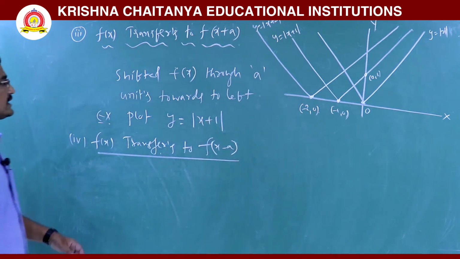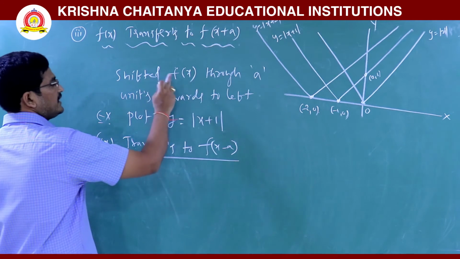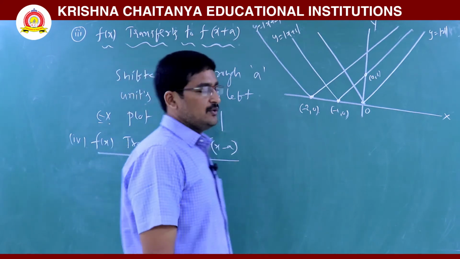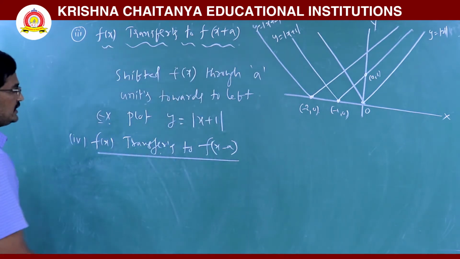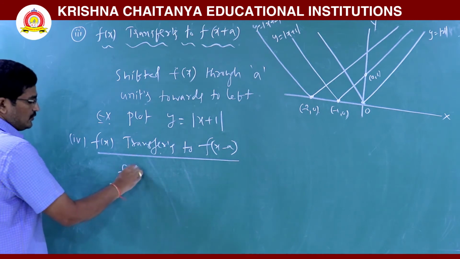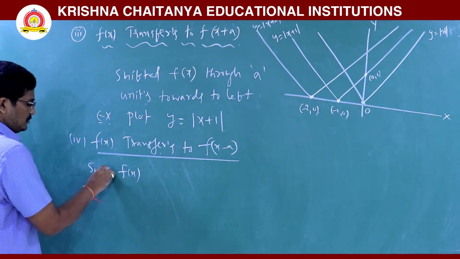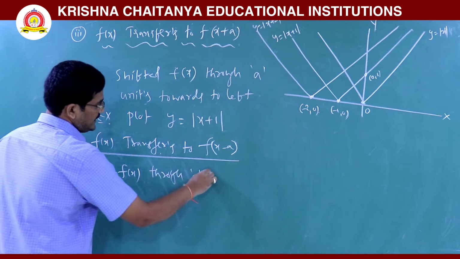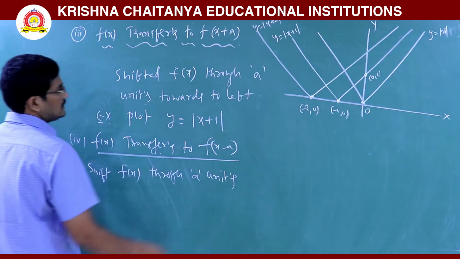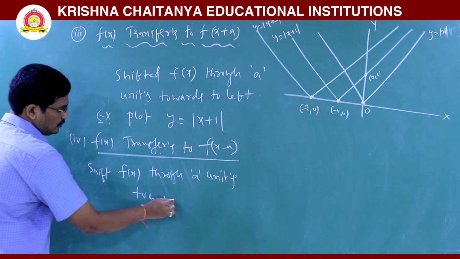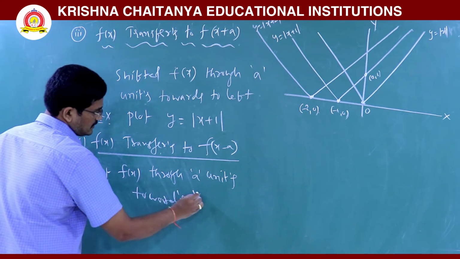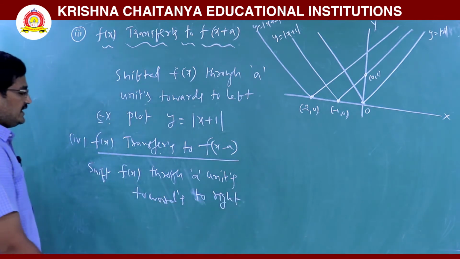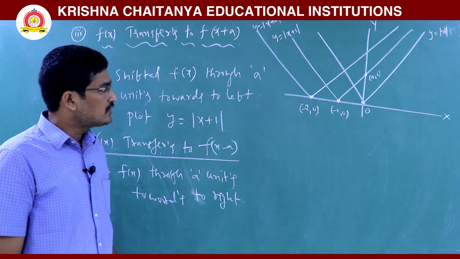So to get the curve f of x minus a, just shift f of x through a units towards the right. That is the point. You have to shift f of x through a units towards the right.